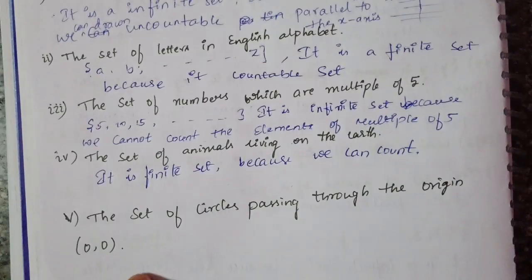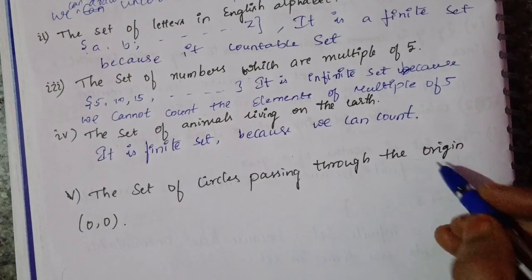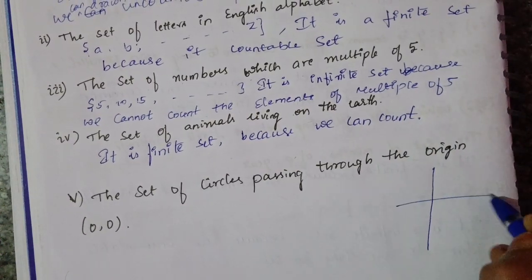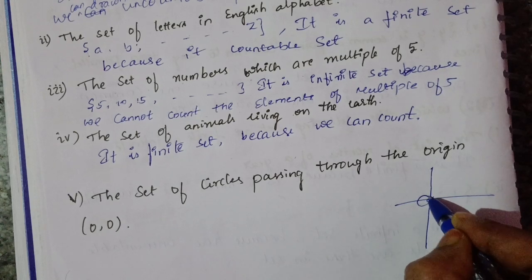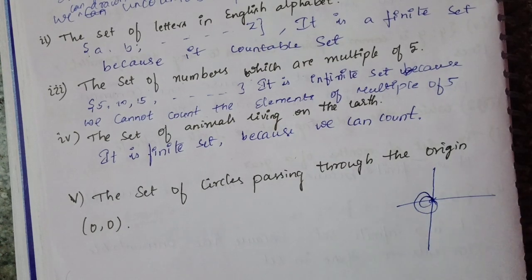Now see, the set of circles passing through the origin. Passing through the origin means how many circles can pass? We don't know. An infinite number of circles can pass.